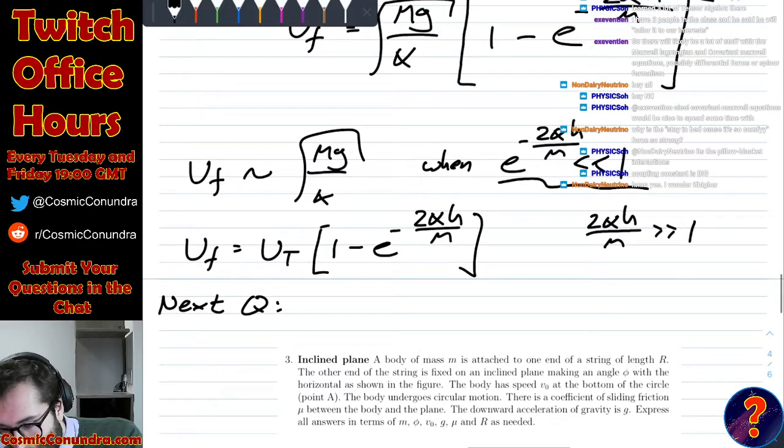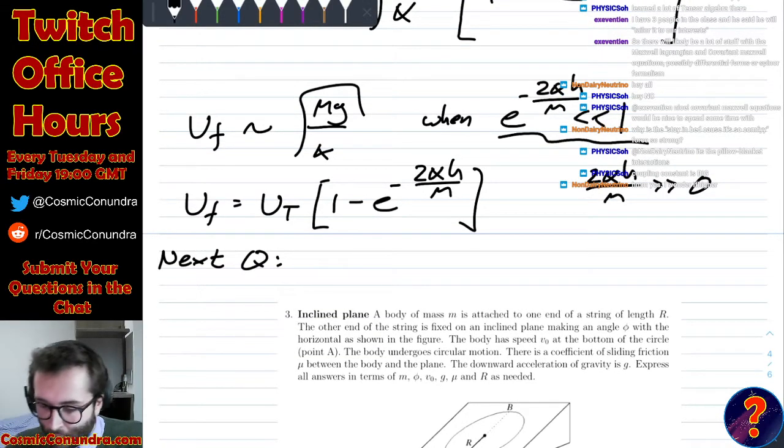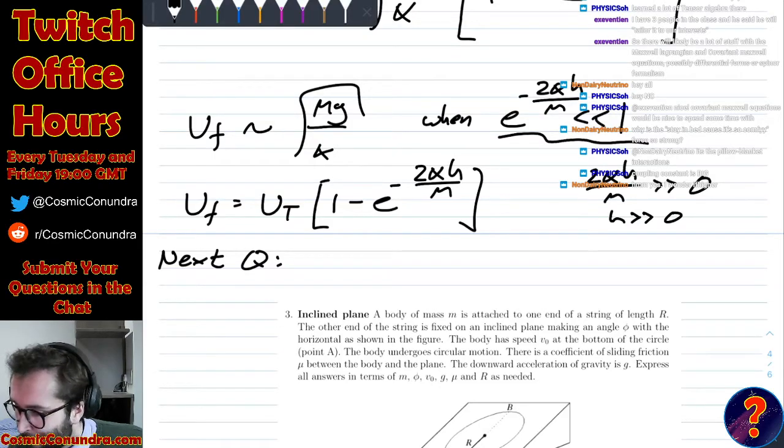Okay. Well, sorry, is much, much bigger than 0, I mean. And that justifies what we were saying earlier about how this thing is very, very close to terminal velocity when this thing is very, very much bigger than 0. So when h is a very large number, this thing will approach terminal velocity pretty quickly. Okay.